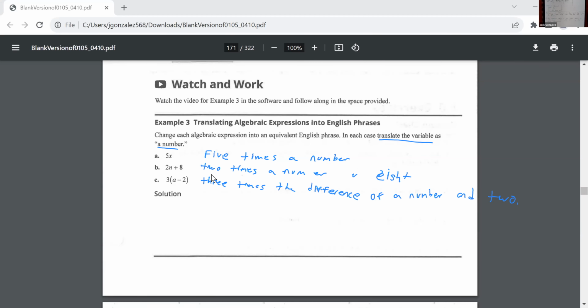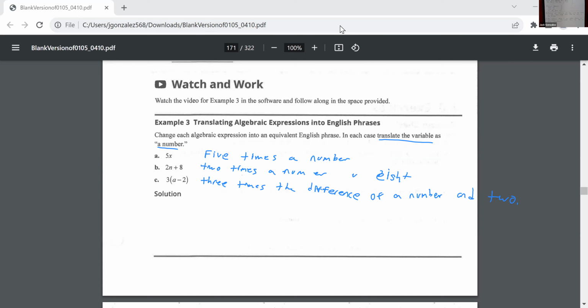We said the notes product, right? If we use product, we could have said the product of 5 and the number. Multiply, we could have said multiply 5 and a number. That would have been cool too.